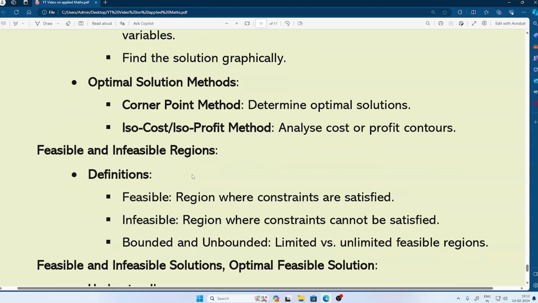Now, finding the solution, 2 methods are there. Normally students don't see this one, the isocost or isoprofit method. But serious students must have done it. I'll tell you to revise it properly so that you can calculate faster than the corner point method. Just by moving a line, you can find the solution, isocost, isoprofit method in solving linear programming problems.